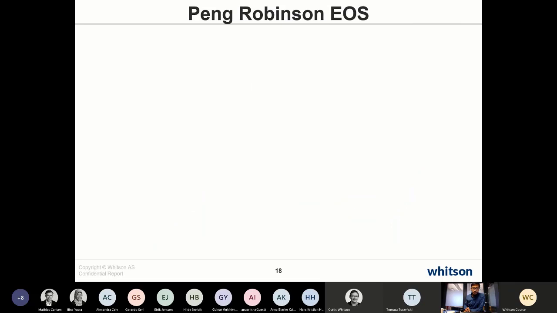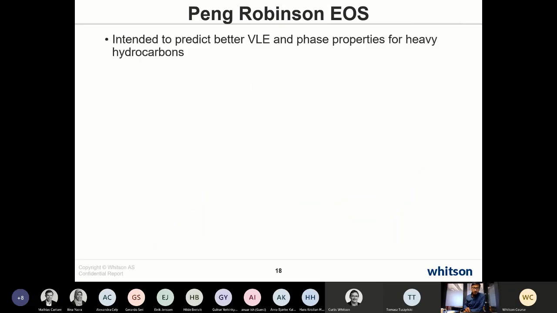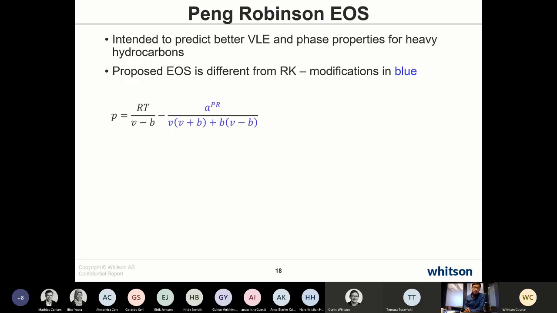And then the last is the Peng-Robinson equation of state model. They were Canadian, in Canada, where they were mainly dealing with heavy oil, and they wanted to get better phase behavior for the heavier fractions, and also better liquid densities for those heavier fractions.